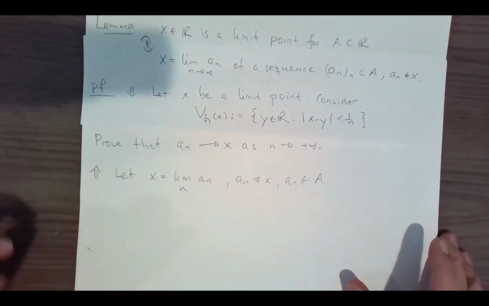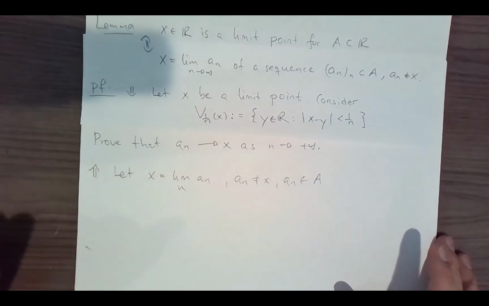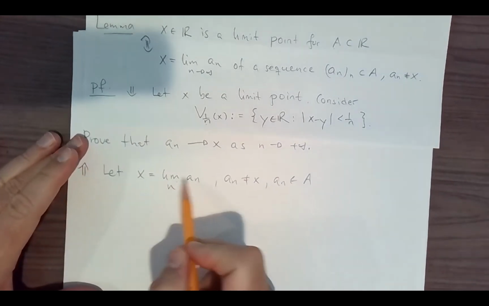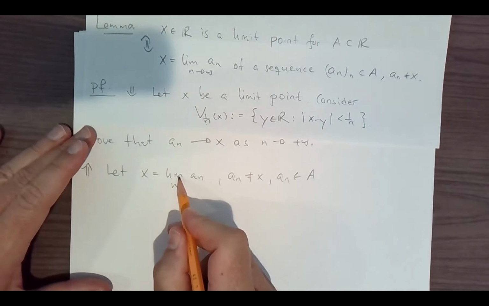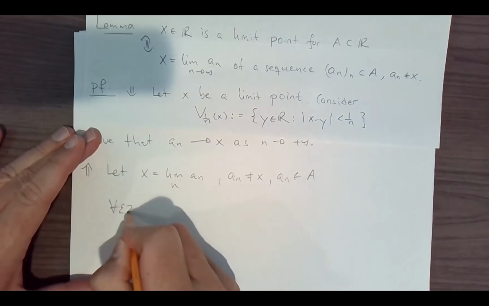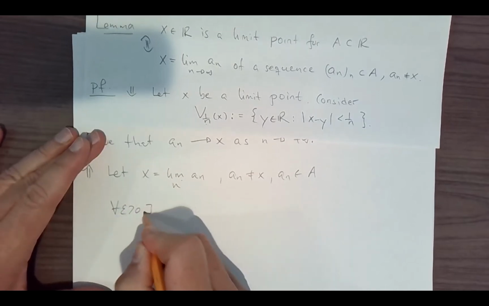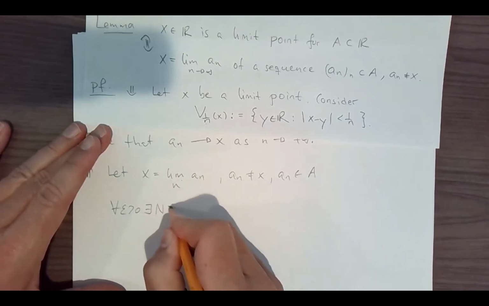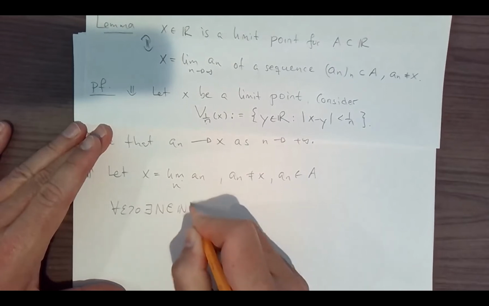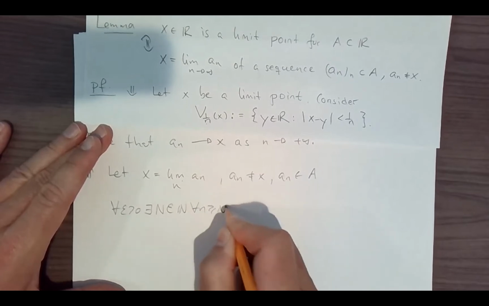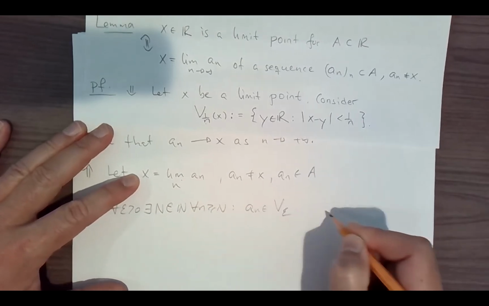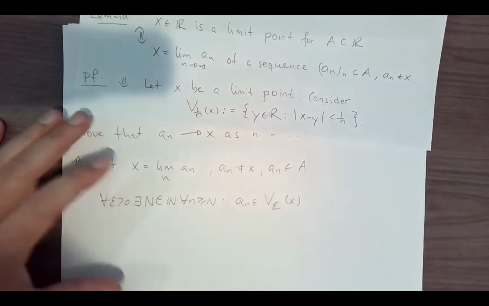Okay, so what do we have? Well, if I'm the limit, right? So what does it mean to be a limit? It means that for any epsilon bigger than 0, if I get sufficiently far out in the tail, so when n is bigger than some big number, then I know that an is going to be inside this B epsilon of x.